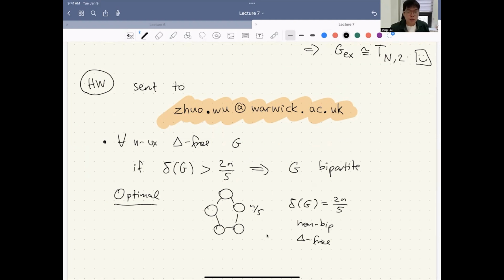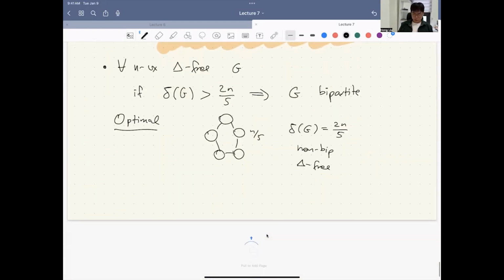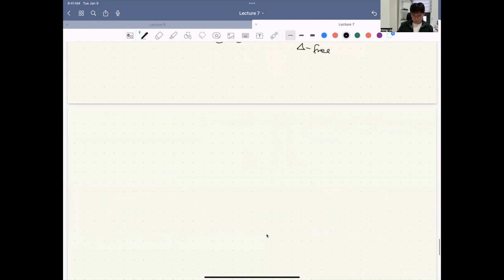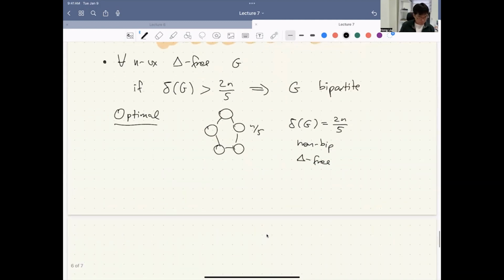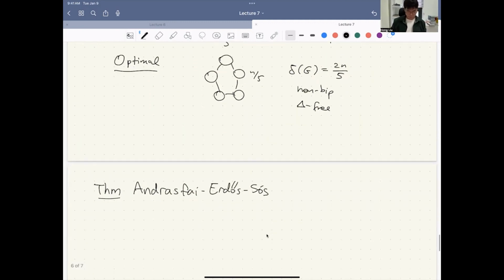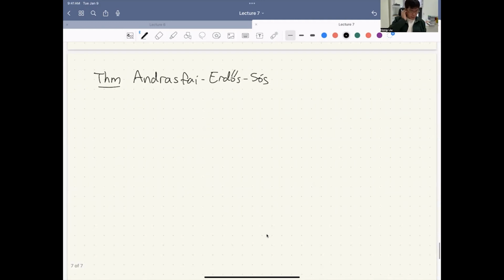Very good. So the last result we are going to see is the extension of this exercise, which is a classical result proved by Andrásfai, Erdős, and Sós.